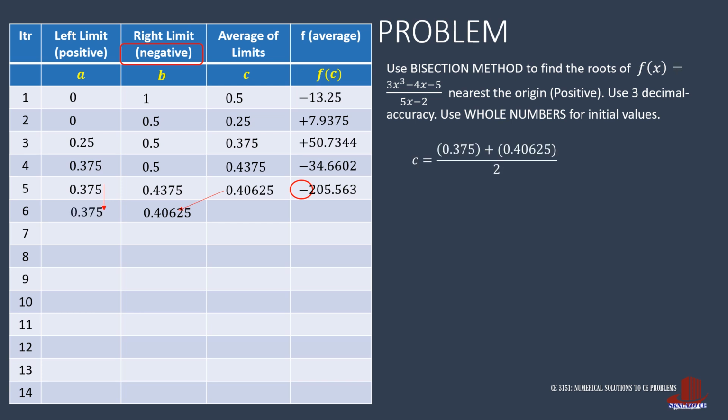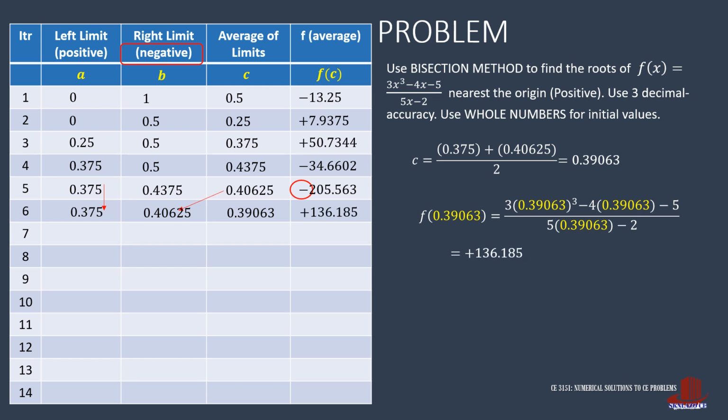Their average is then taken from half of 0.375 plus 0.40625, which is then 0.39063. The new f of c is then thrice the cube of 0.39063 less 4 times of 0.39063 minus 5 divided by 5 of 0.39063 minus 2. This provides positive 136.185.